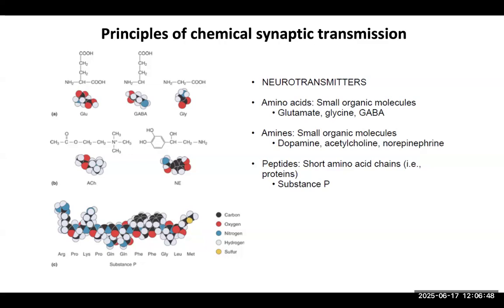Which other thing do you know? The endogenous ganja that we have, right? Endocannabinoid. Endocannabinoids are very major neuromodulators in higher order brain regions. Anything else?